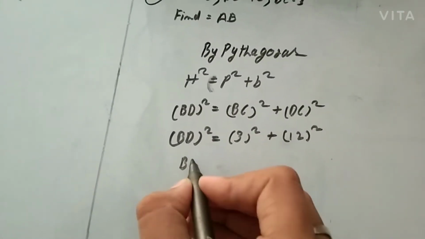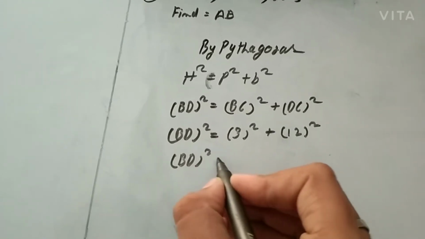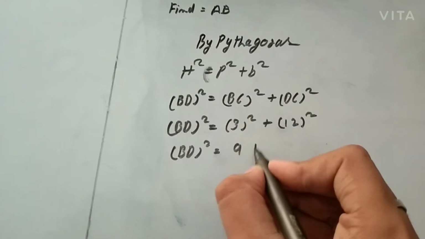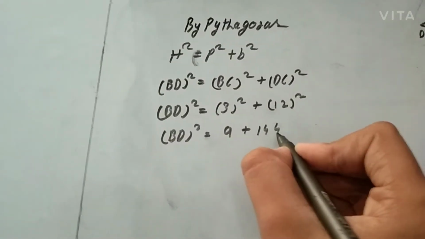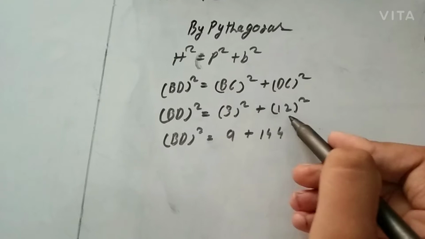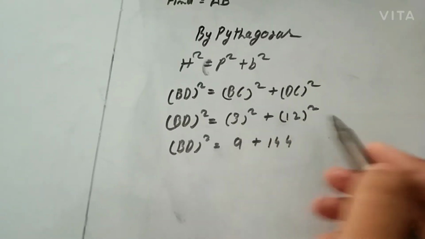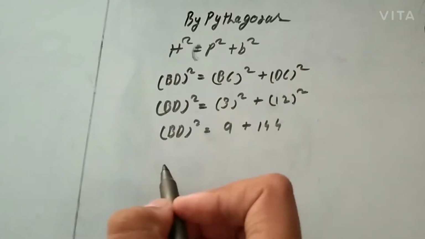So let us solve. BD square equals 9 plus 144, because the square of 12 is 144 and the square of 3 is 9.